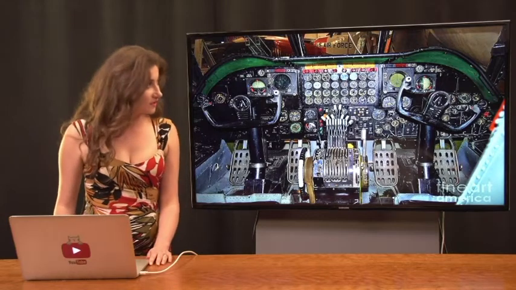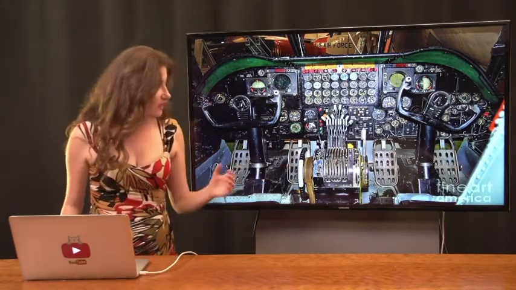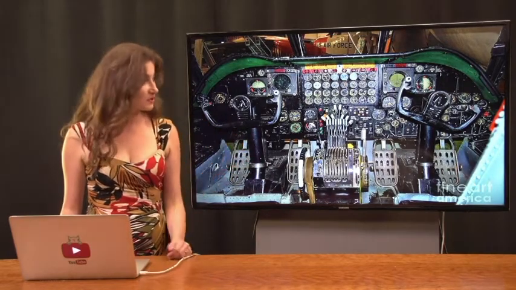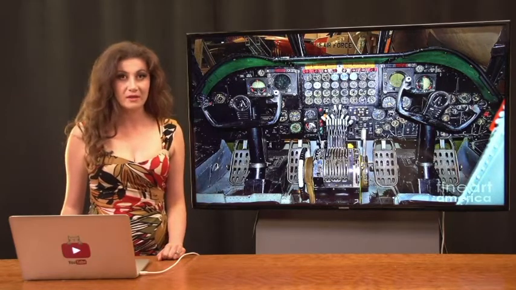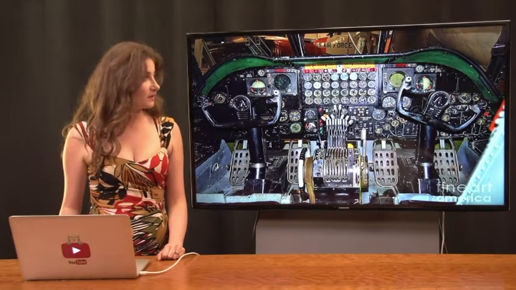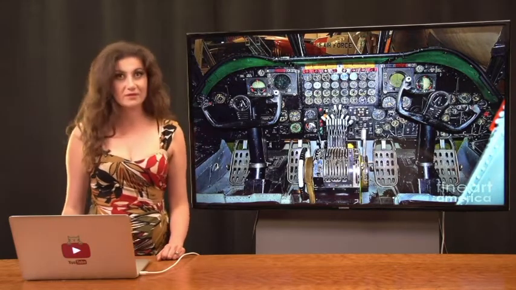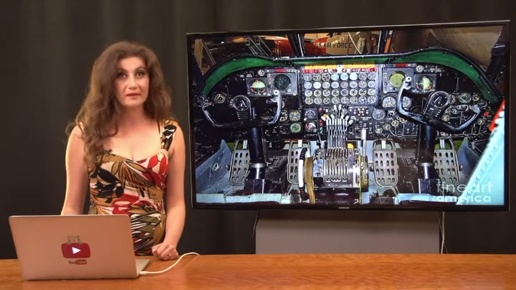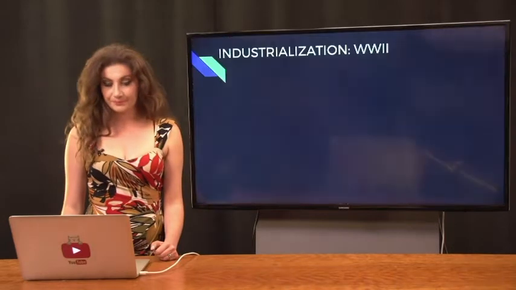But you can see the number of gauges, you can see the number of controls, you could see that there's so much overload on this machine that, granted, when you're trying to save your life and someone else's life, it's very possible to actually pull the wrong switch. So that just gives you an idea about the kind of work and the kind of stress a pilot, especially a soldier in aviation, would have to deal with.